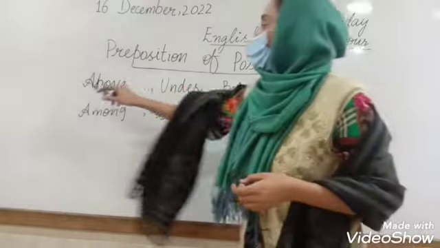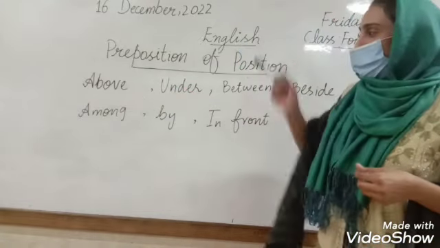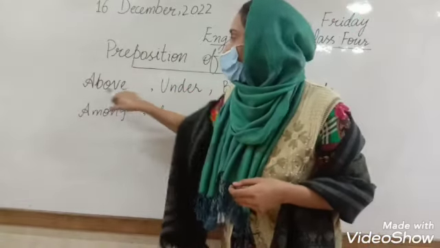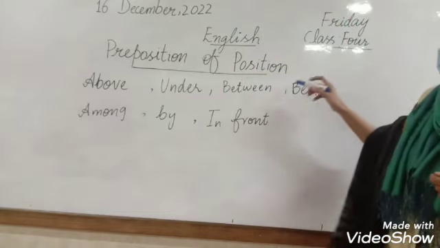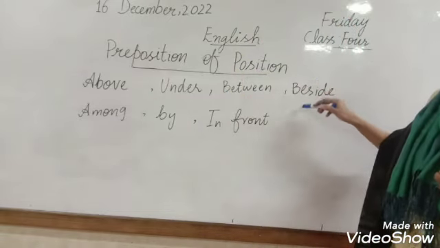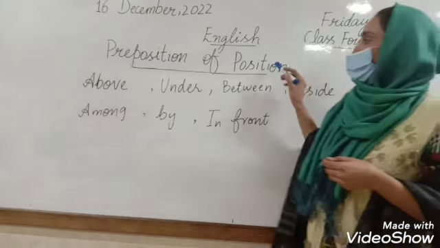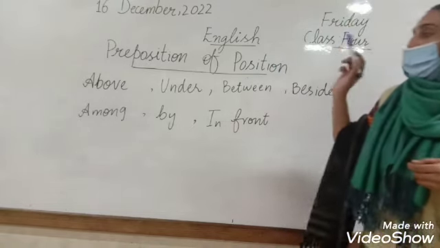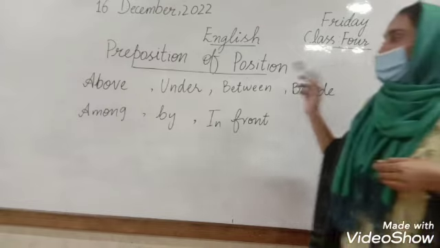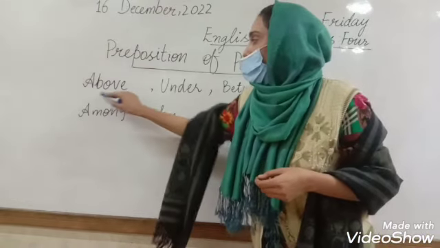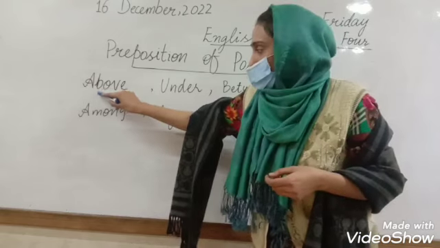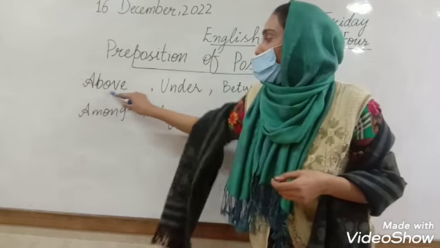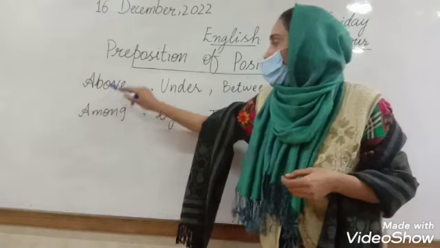Okay students, so we are going to just wrap up our lesson with a quick revision of prepositions of position. Today we have done a few words of prepositions of position, which are used to tell us about the position of anything, like a noun. Above is used when something is above or over the surface of anything else.